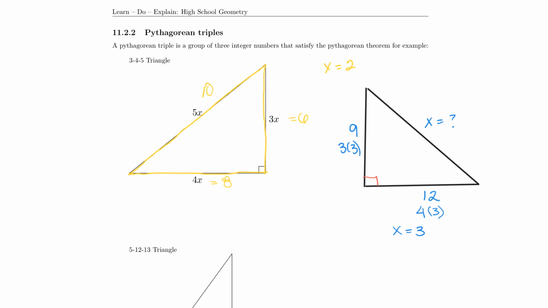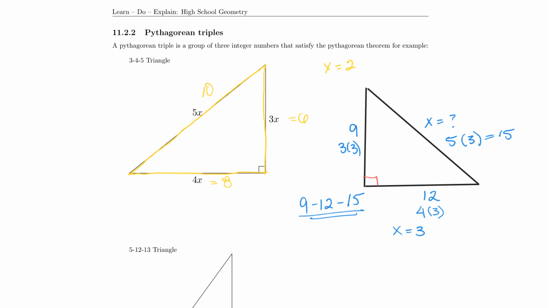What does this mean? That this side is the 4x side, this side is the 3x side, which means that this side is the 5x side. And if we know that x is equal to 3, then 5 times 3 is 15. So in this triangle, the sides will be 9, 12, 15.